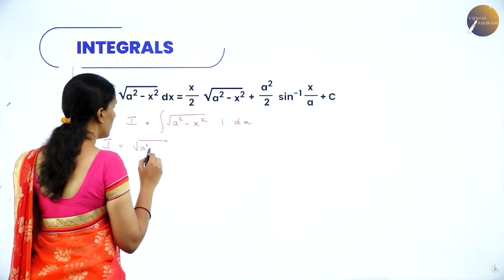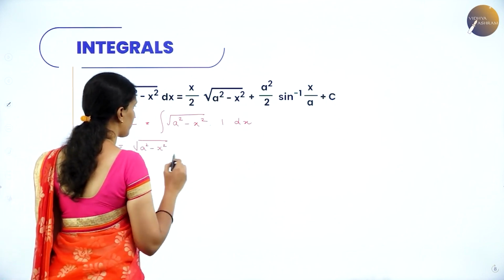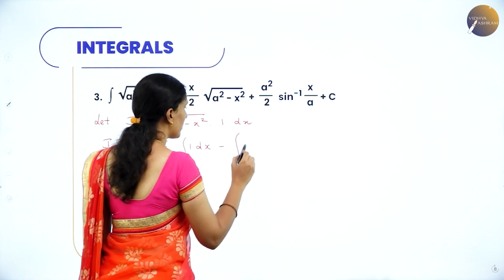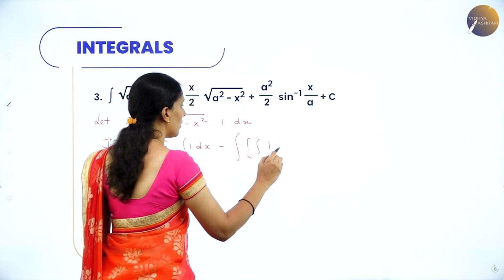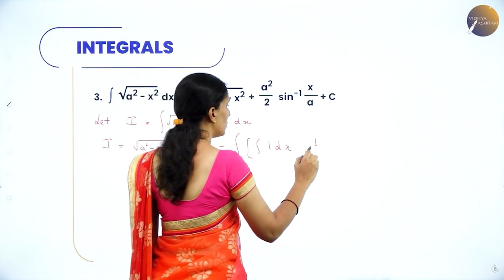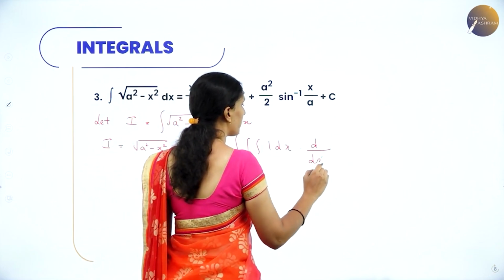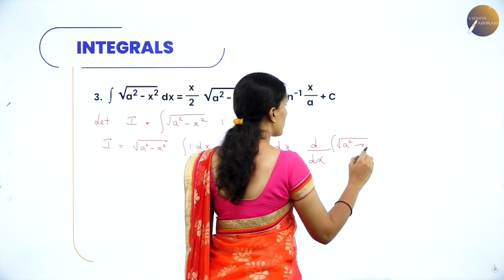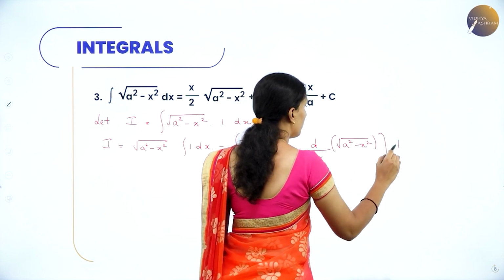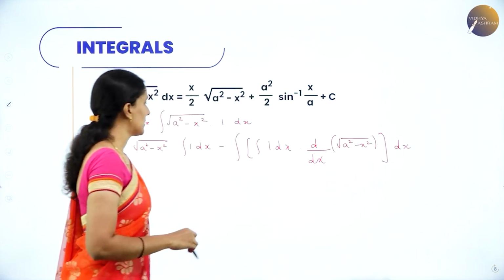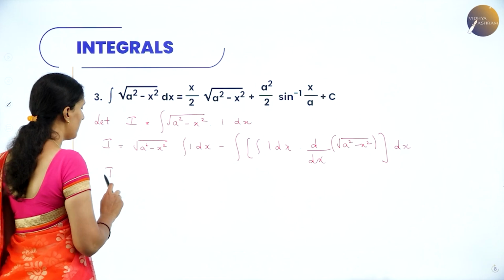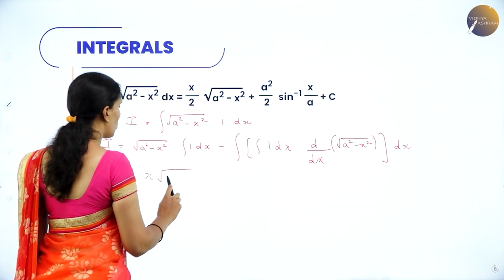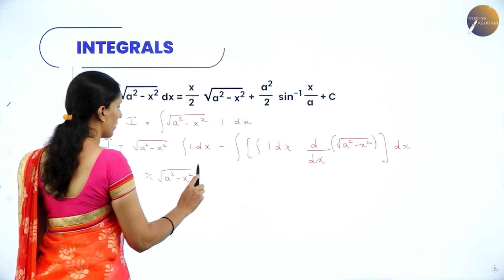First function, integral of the second minus integral of the second into derivative of root of a square minus x square with respect to x. Now here, integral of 1 becomes x, so this becomes x into root of a square minus x square.